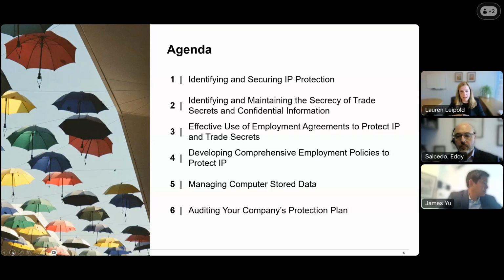So we'll talk about how to address protection through employment agreements, internal corporate policies, how to manage computer stored data, which is really key in this context, and then finally auditing your company's existing protection plan to make sure that you have checked all the boxes and done the best you can to mitigate risk in this context.